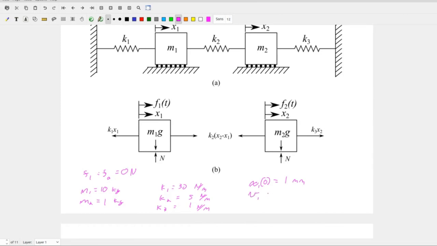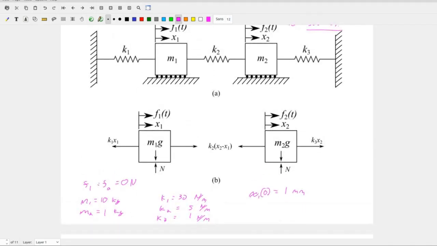And V1 of 0 and x2, well, let's just go all others are 0, right? So that's the only other. That's the only one we care about. We don't need to write 0 a bunch of times. So we've got free or forced vibration. Yeah, we're not forcing it. So free vibration, right? We're gonna move M1 a little bit, and then we're gonna release it.